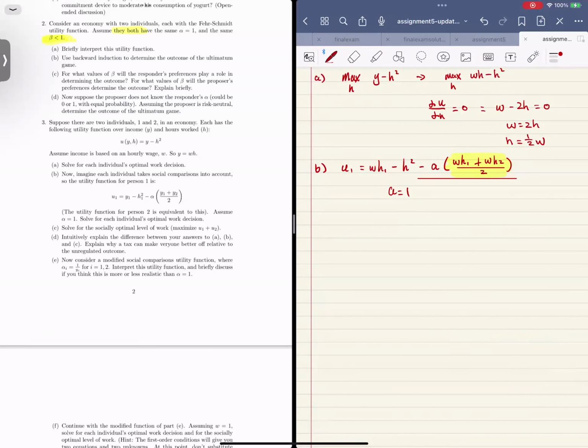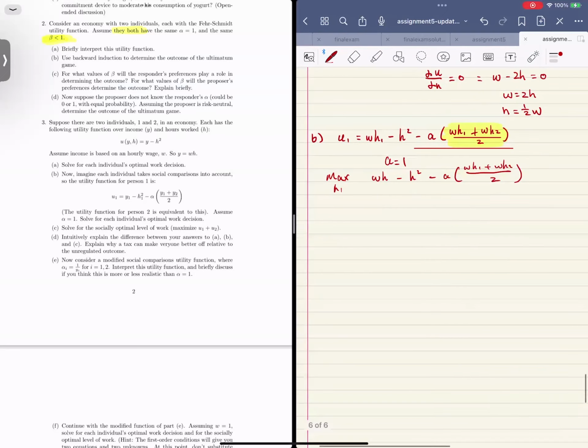So we have the max over h1 of wh1 minus h1 squared minus alpha times (wh1 plus wh2) over 2. Then du/dh1 equals 0, which equals w minus 2h1 minus, since a equals 1, so it goes away, w over 2.